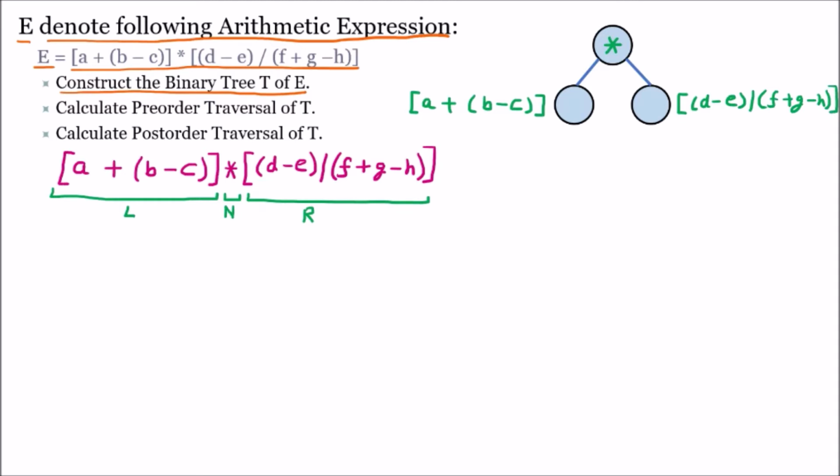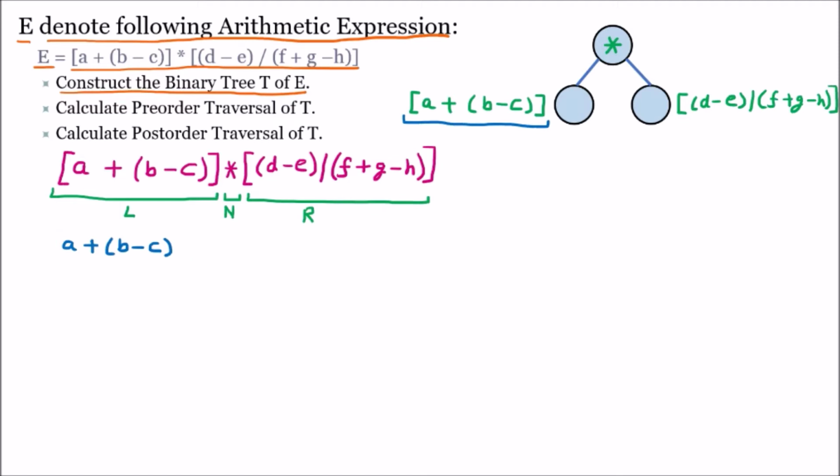Now we are focusing on the left child here. So talking about the left child, I am writing here, in bracket, A plus B minus C, and afterward the bracket closes. Now these outer brackets are not required, so I am removing them.